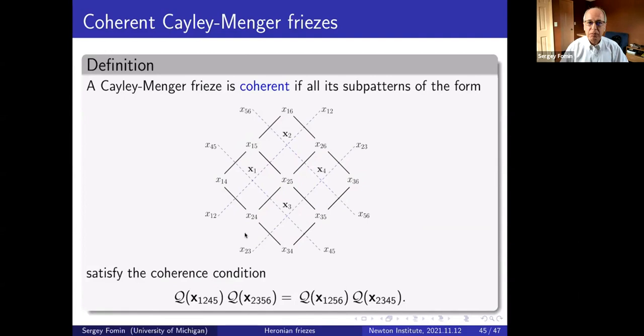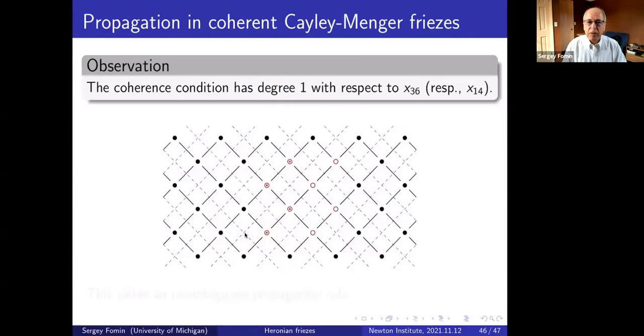And now the beautiful thing that happens is that that coherence condition has degree 1 with respect to the guy on the right. So let's say we know this guy, this guy, this guy, this guy, this guy, this guy, this guy, this guy. We know all of them, and we know all the information that comes from the boundary of our polygon.